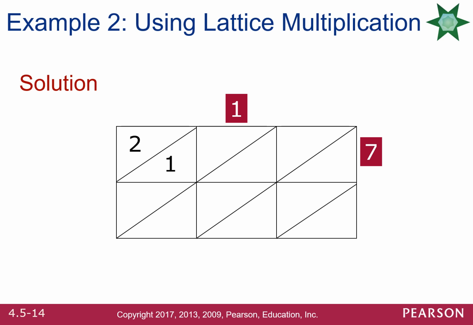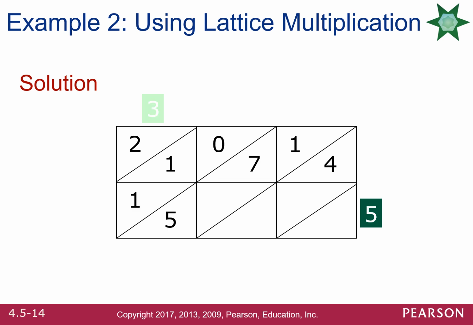And then 1 times 7 should be written as 0, 7, and then 2 times 7 should be written as 1, 4. Now we go to the row below. 3 times 5, 15, 1, 5. 1 times 5, 0, 5. And finally, 2 times 5 is 10, so 1, 0.